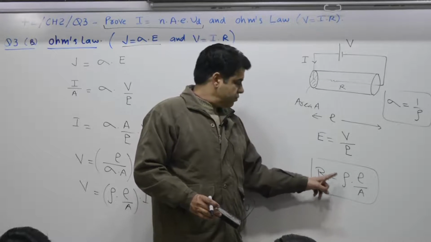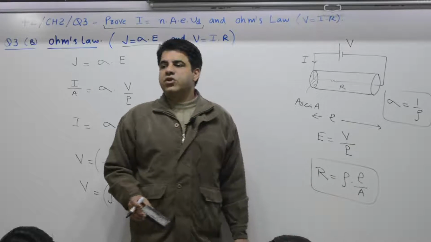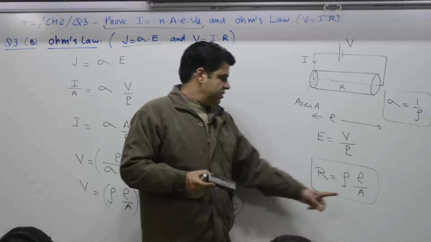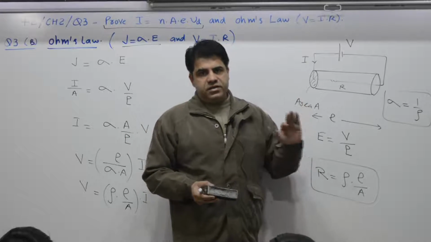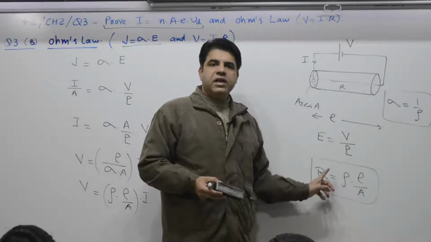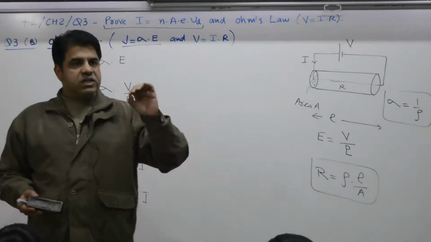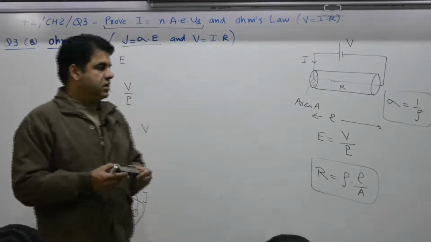Resistance depends on the property of the material, and on length and area, that means physical dimensions also. A thin wire, with less area, will have more resistance. A thick wire will have more area and less resistance. So resistance depends on the property as well as the physical dimensions of the material, wire, or object.